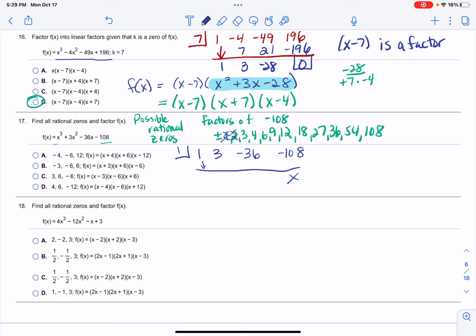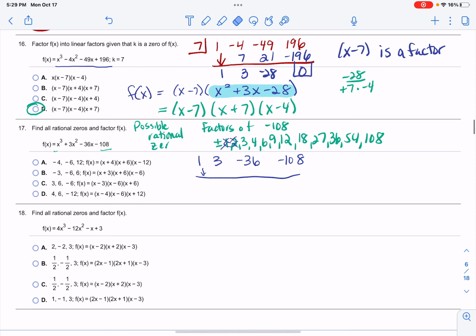So let's try positive 3. Let's do positive 3 in the box and see if positive 3 is a rational 0. So if I bring down the first term, I multiply, add, and so on.